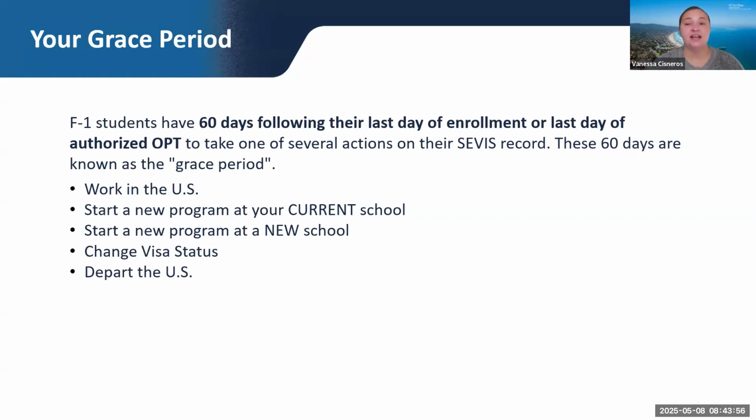Some of the actions that F1 students can take during their 60-day grace period are working in the US via OPT, starting a new program at their current school, starting a new program at a new school, or pursuing a change of status to a different visa category. Or if none of these actions are taken, the student must depart the US by the end of their 60-day grace period.